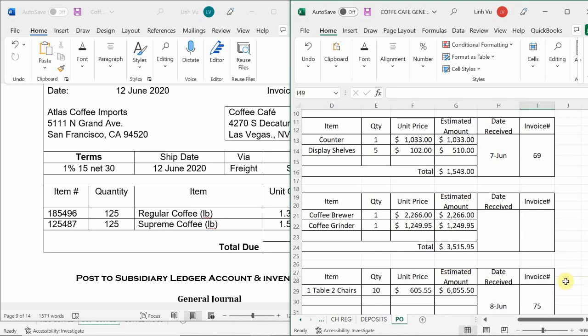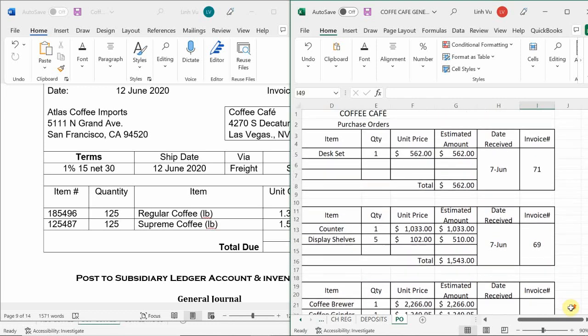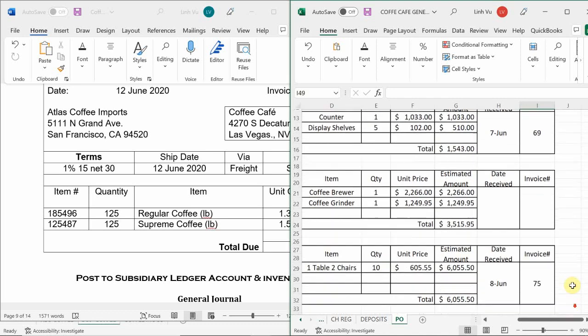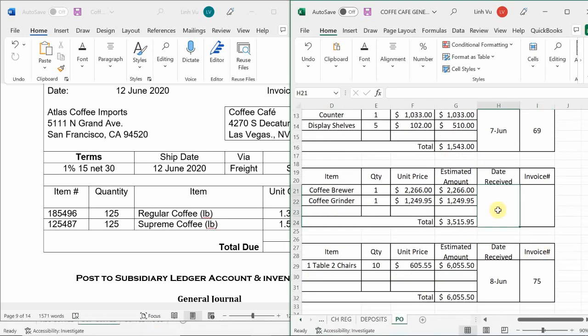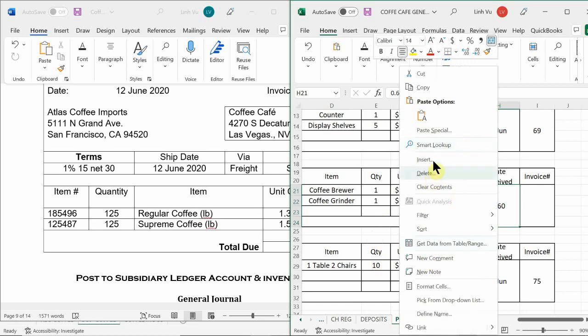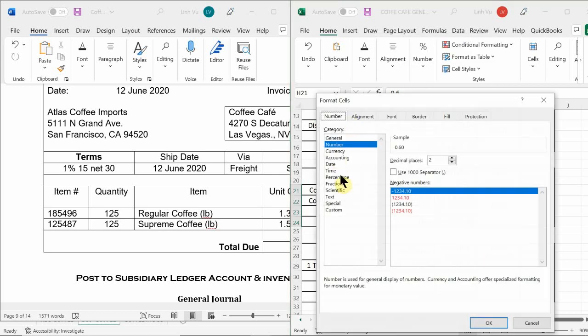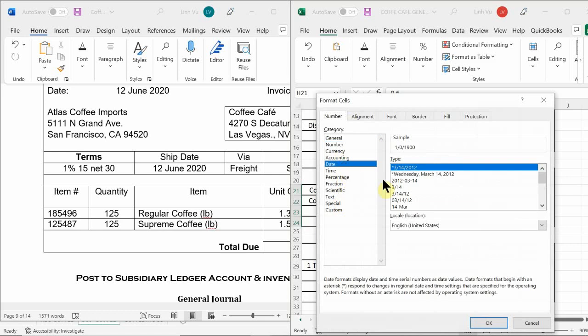We never received our coffee brewer, coffee grinder? I thought we did. We did on the 10th. That's when we learned about the expense.